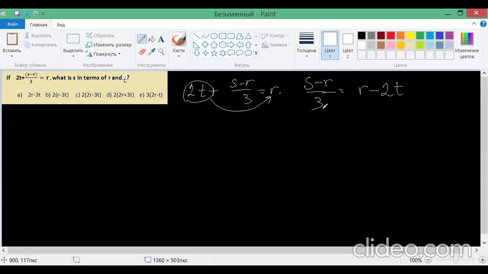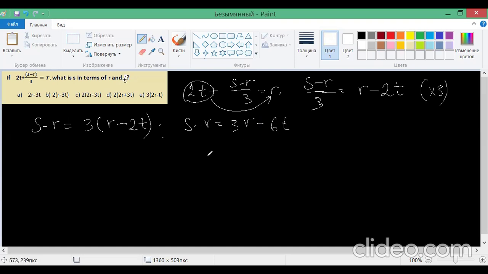In order to say goodbye to the denominator, I multiply both sides of this equation by 3. Okay. In this case, 3 and 3 will cancel each other, and we've got s minus r is equal to 3 times r minus double t, which is equivalent to the following. So it's 3 times r minus 6 times t, right?